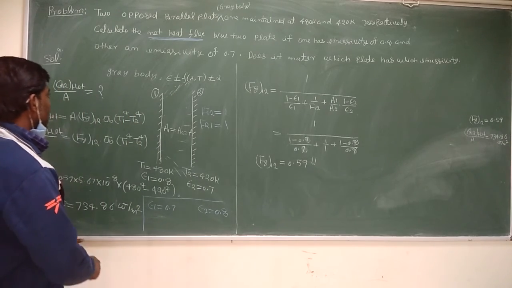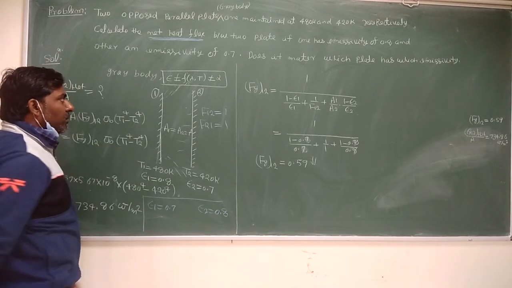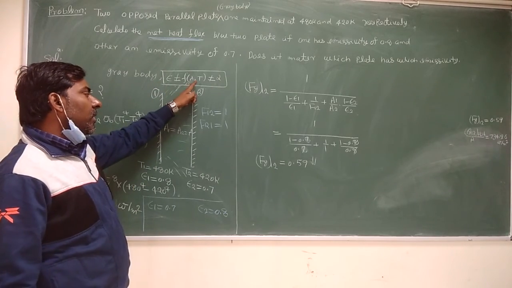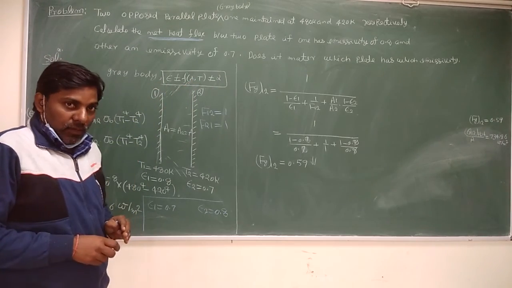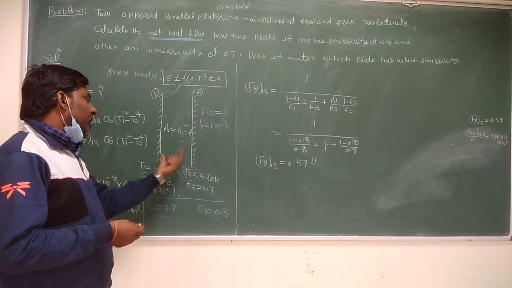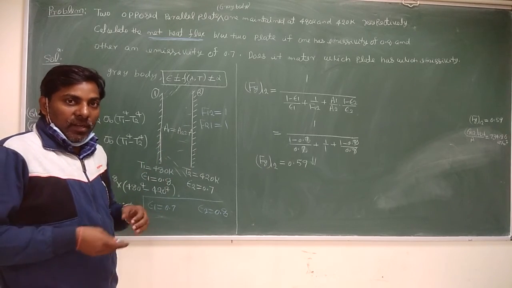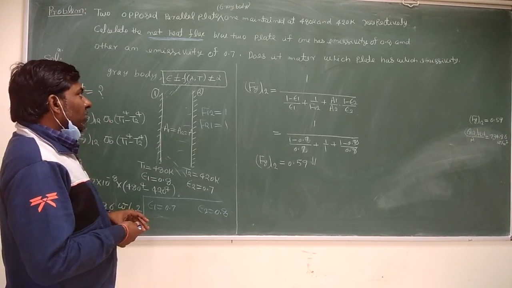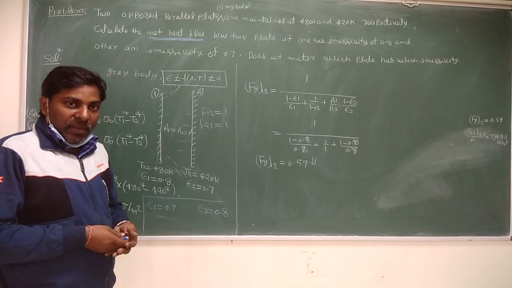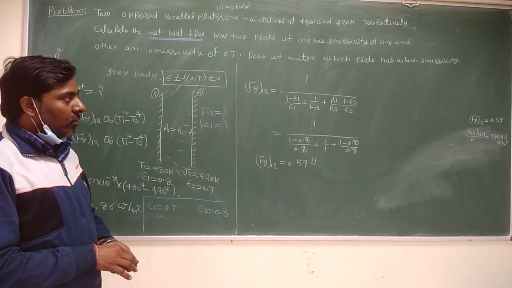Another thing: they have given a gray body, and for a gray body emissivity is not a function of wavelength and not a function of temperature. So whether the temperature is T1 or T2 makes no difference to it. So from there also you can say that it does not matter which plate has which emissivity. Okay, good. Thank you very much.